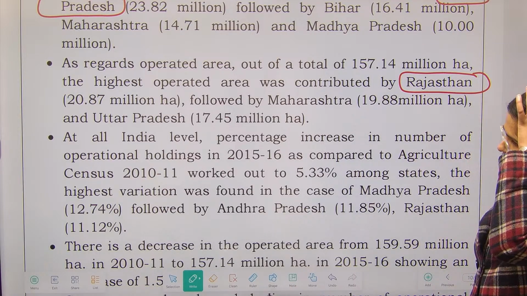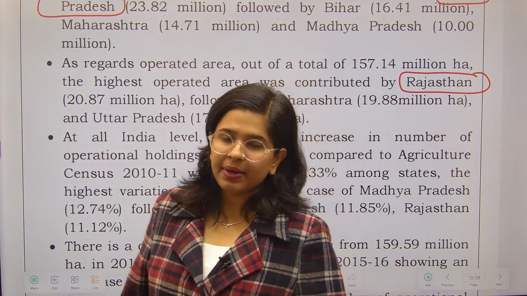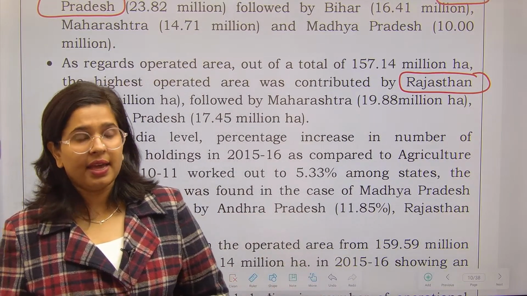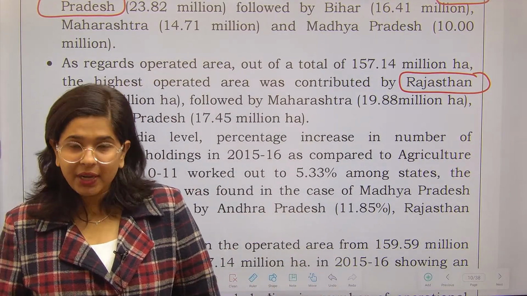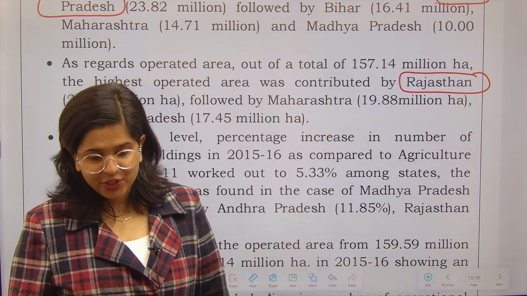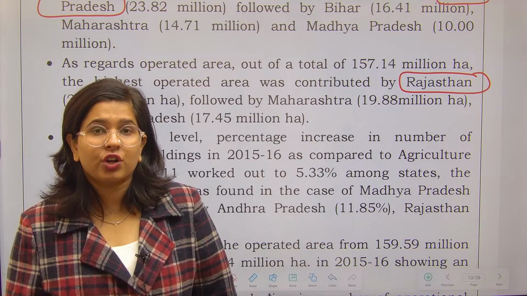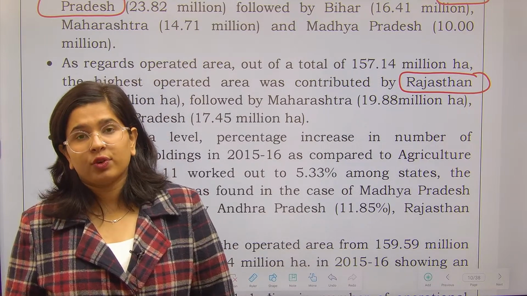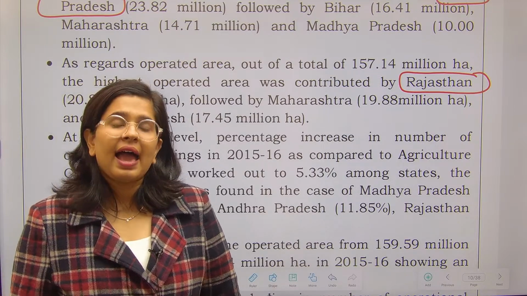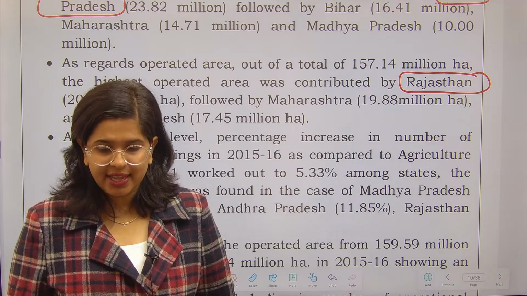Obviously Rajasthan has the largest area in the country. UP has the highest population in the country, and that is how you can choose to remember the agricultural data as well. When we are talking about agricultural holders, we have to consider UP, and when we are talking about the land, we have to consider Rajasthan, right?